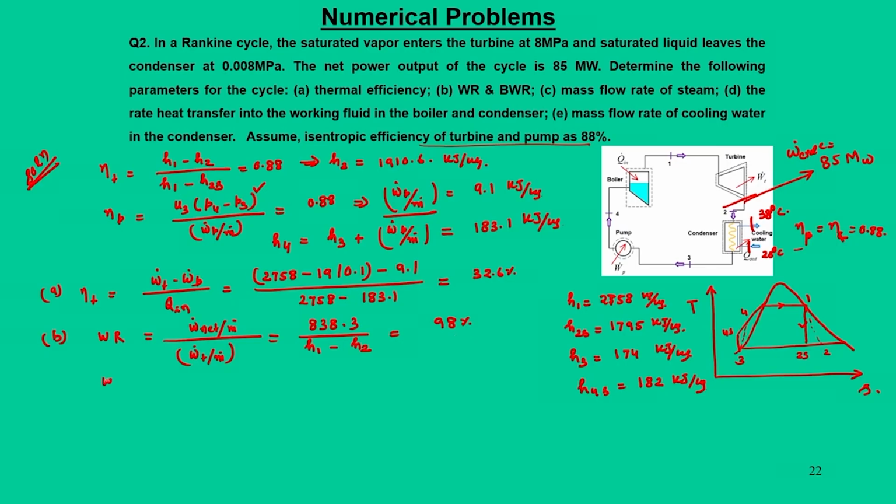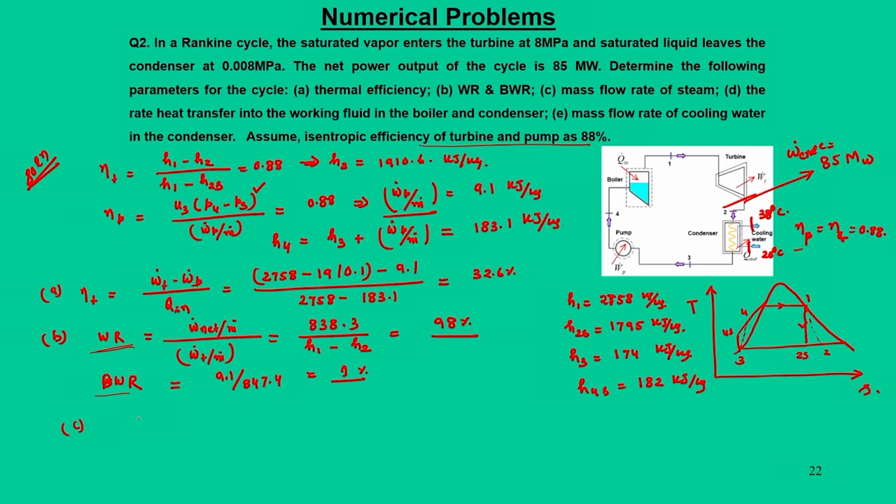And the pump ratio or back work ratio is 9.1 divided by 847.4, which is about 1%. So basically, even if you introduce the component efficiency, it does not have a significant implication on the work ratio or back work ratio.